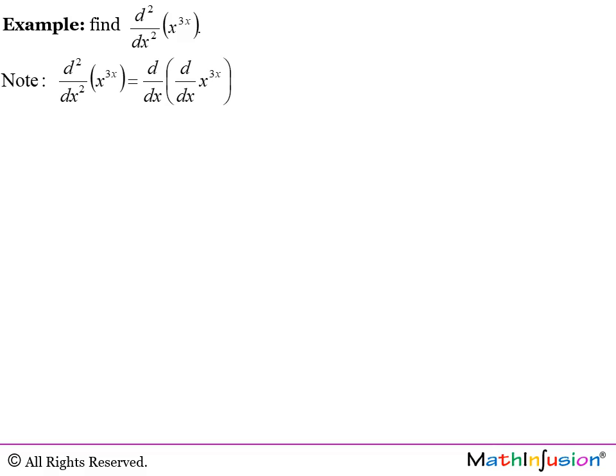We will finish this section by finding the second derivative of x to the power of 3x. I would like to recall that the second derivative is the first derivative of the first derivative. So first we have to find the derivative of x to the power of 3x. This is of the form a function to the power of another function, so we must use logarithmic differentiation.